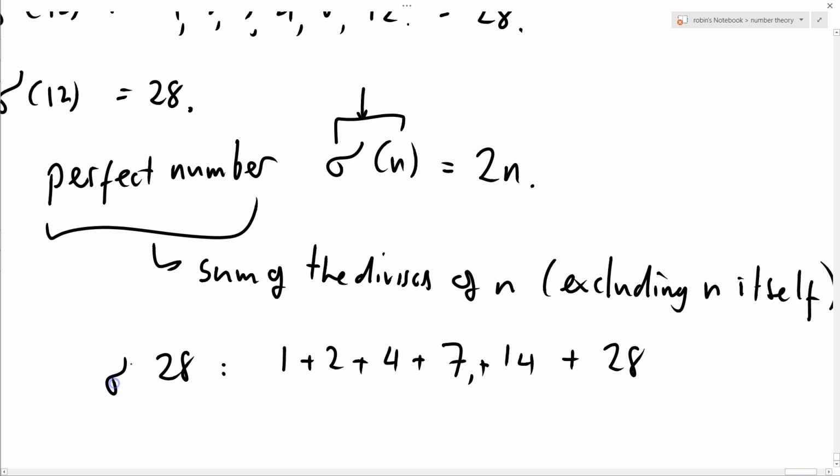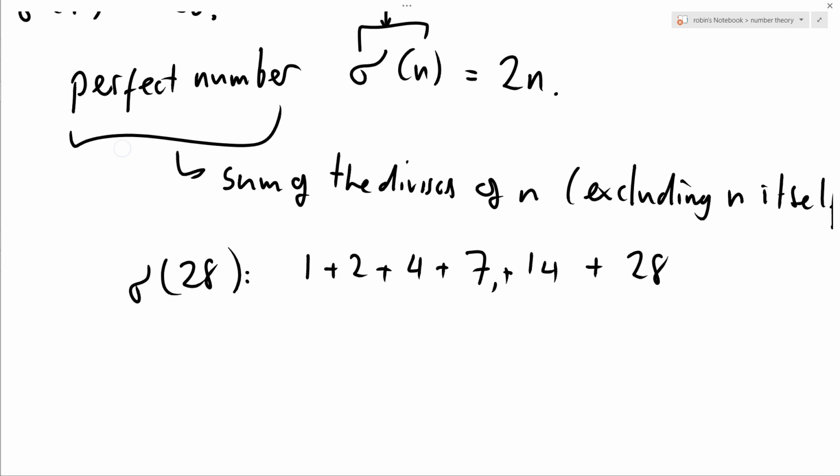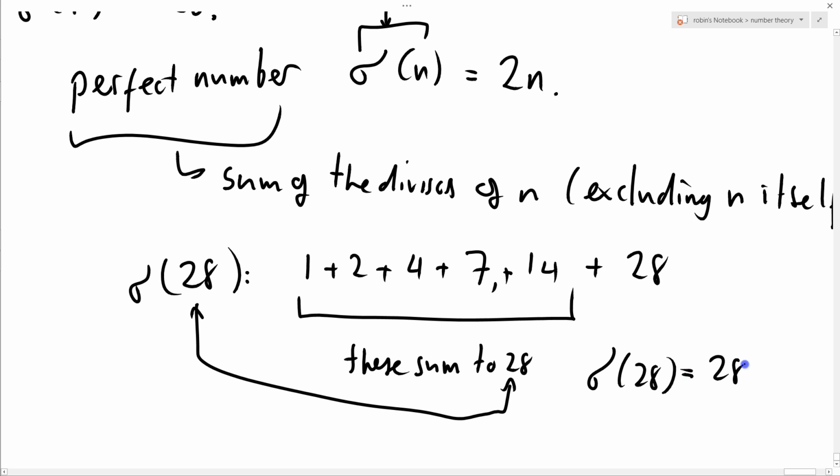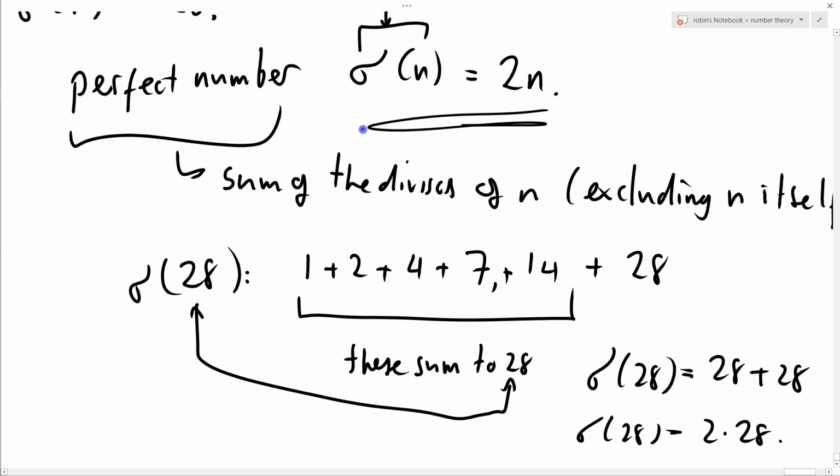So sigma of 28 equals that, but the perfect nature of 28 is these sum to 28 here, so that these kind of match. So sigma of 28 equals 28 plus 28, so sigma of 28 equals 2 times 28. It's a little bit of a peculiar definition of a perfect number, but there it is.